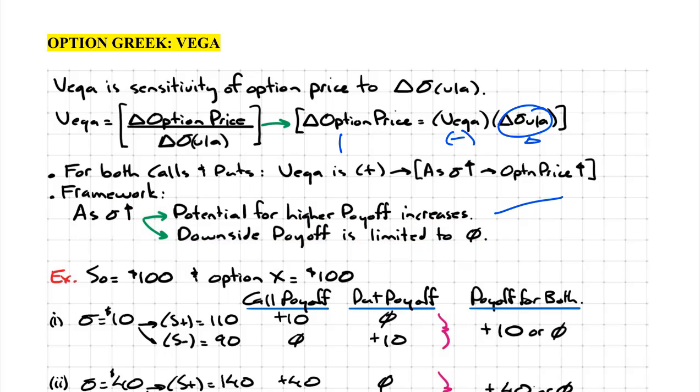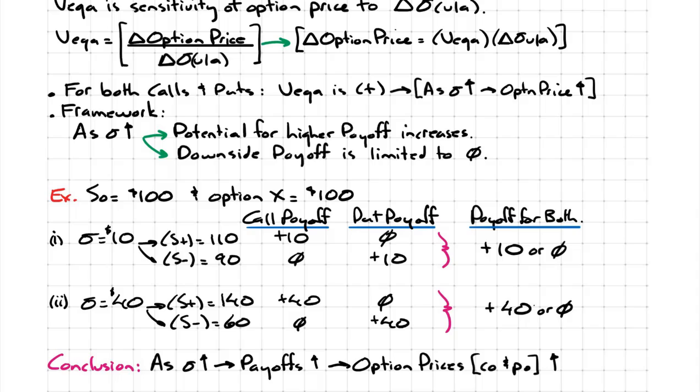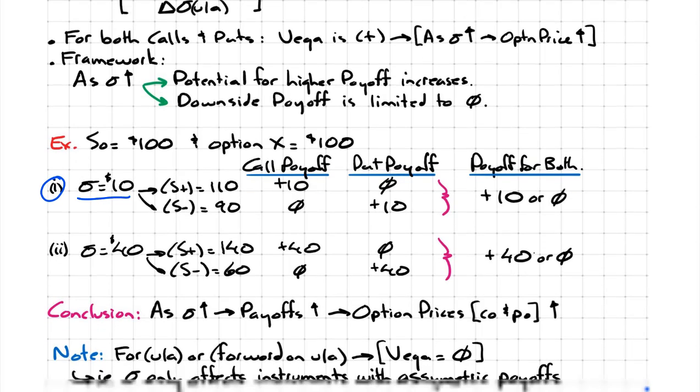And let's illustrate that with an example, because that's the best way to understand the impact of volatility on option price. Suppose that the price of the underlying asset is $100 and the strike price of the option itself is $100 as well. Now in the first scenario, we're assuming that volatility is $10, meaning that it can either go up $10 to $110 or drop to $90, which is a loss of $10.